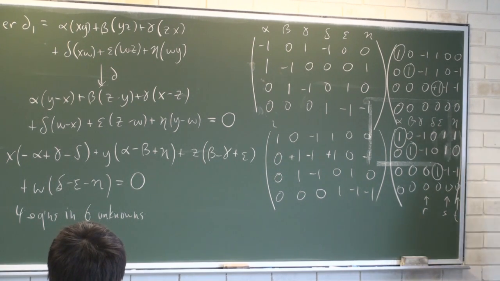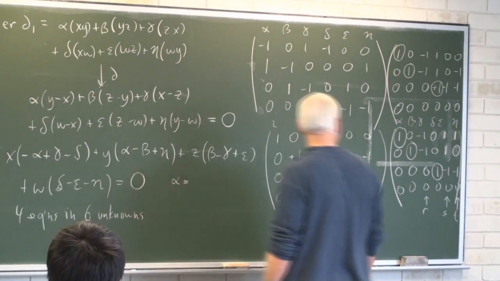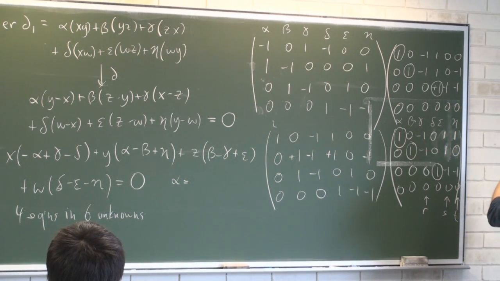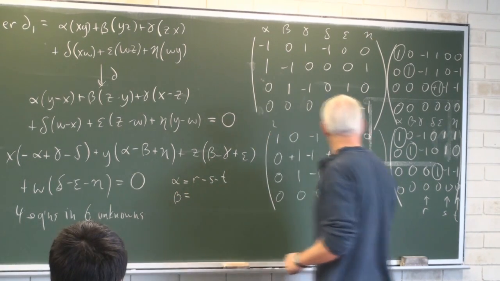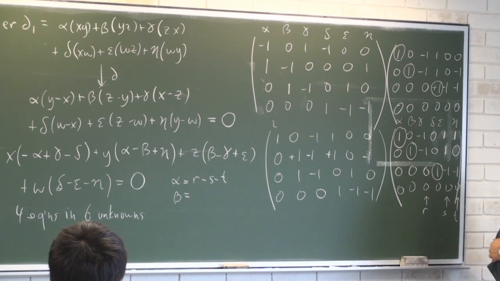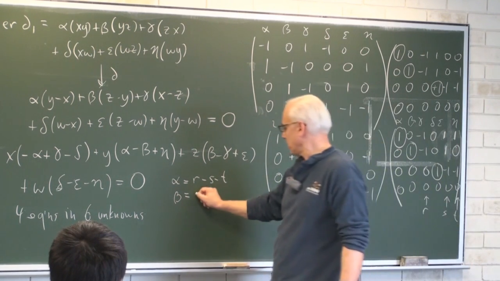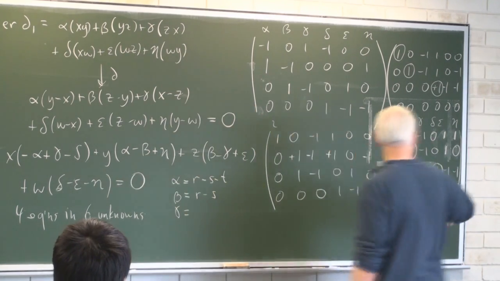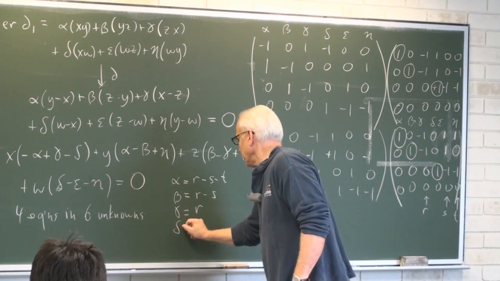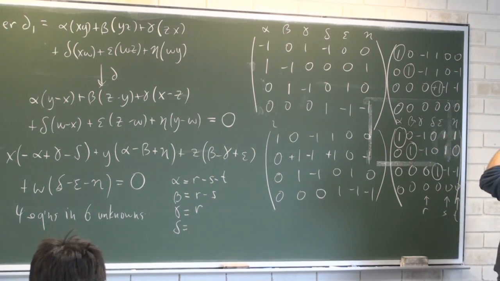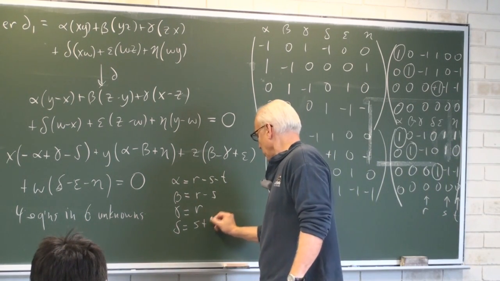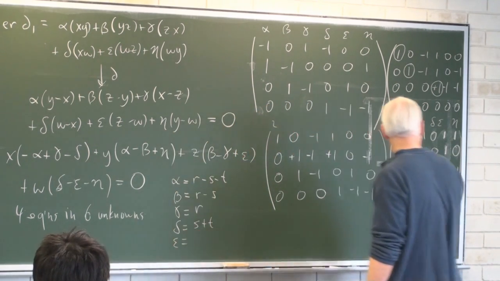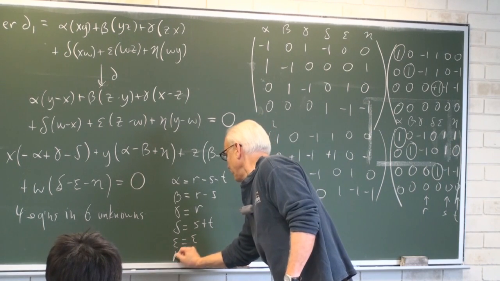So in terms of these variables, I can now write that alpha equals R minus S minus T. Beta equals R minus S. Gamma is just one of the variables, it's R. Delta equals S plus T. Epsilon was one of the variables, that was S. And eta was one of the variables, that was T.